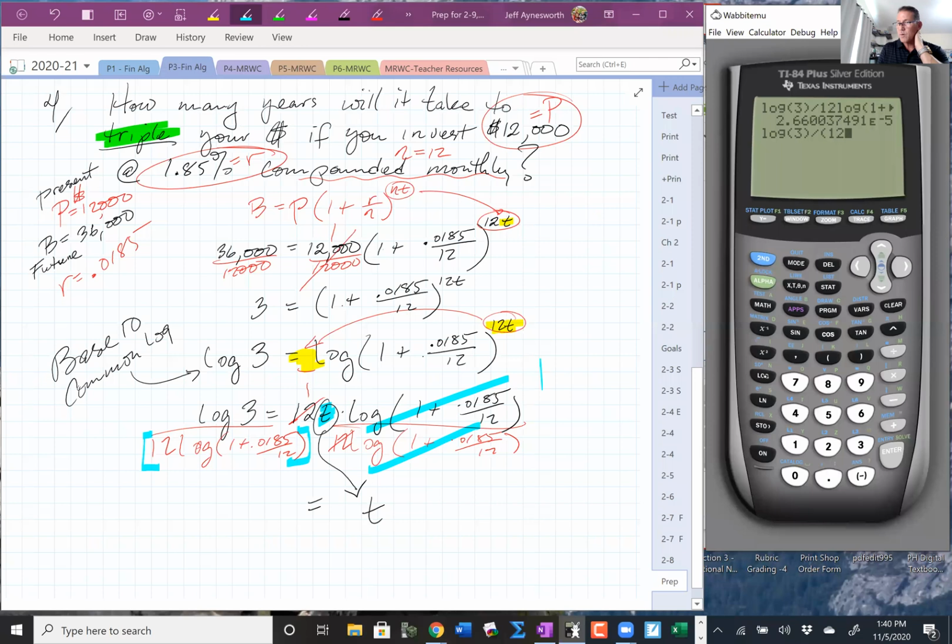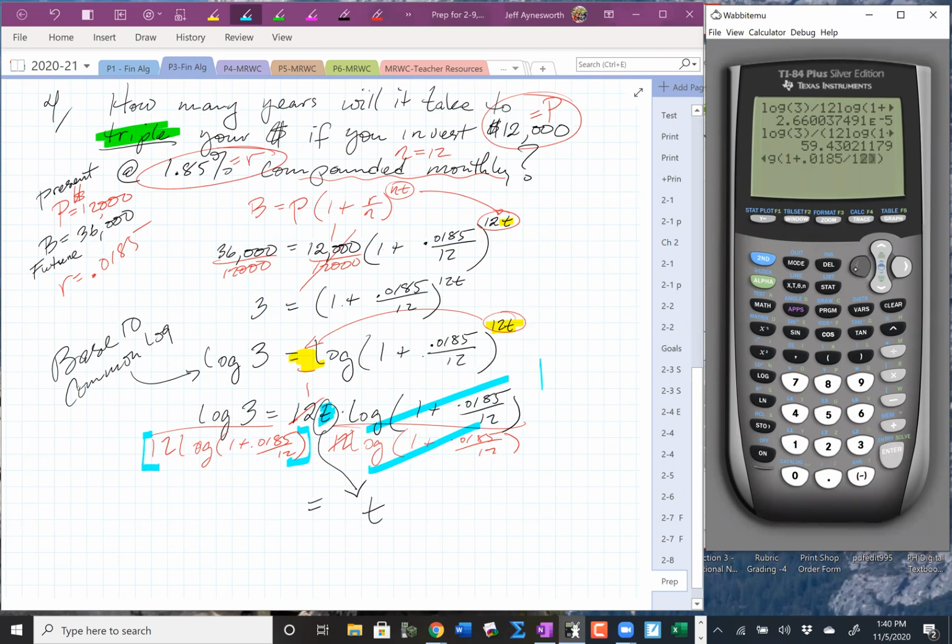And then enter in 1 plus 0.0185 divided by 12, and then close it off twice. 1, 2. Now hit the enter button. Did you get 59 point something? I'm still entering it in. Okay, no worries. Take your time. Okay, yeah, I got it.